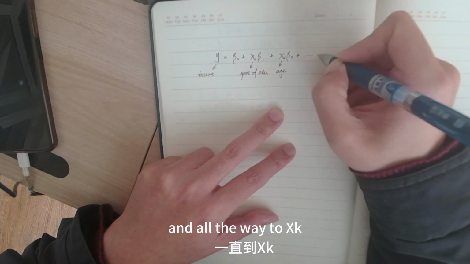Here we also assume that for any xi and xj, the covariance of xi and xj is equal to 0, which means any two independent variables must not be dependent on each other.